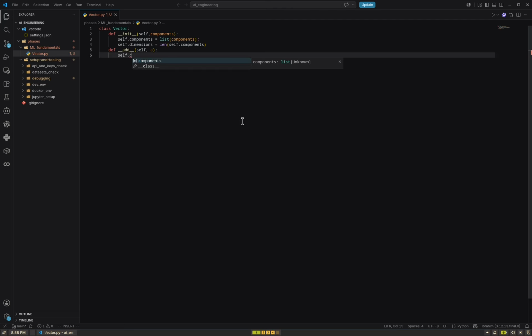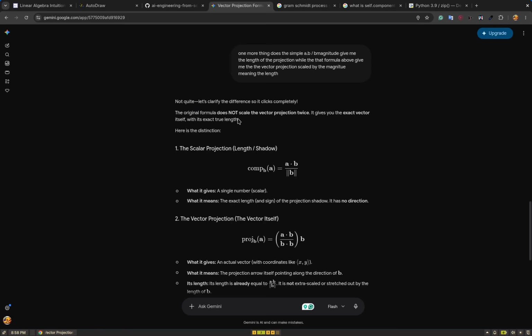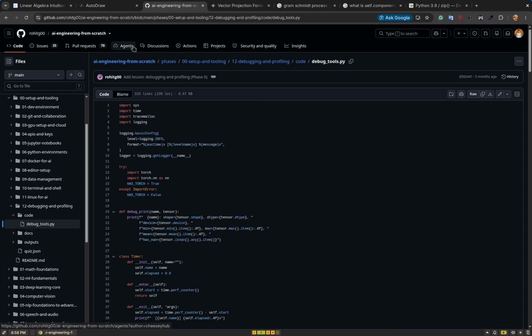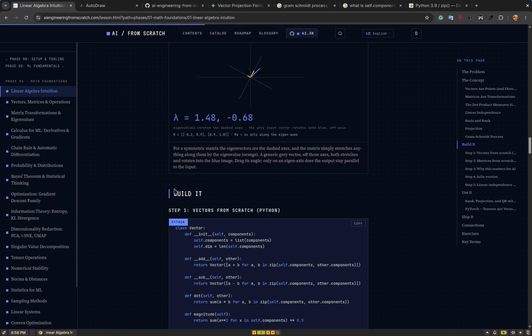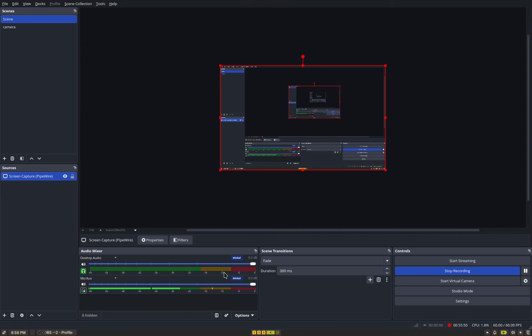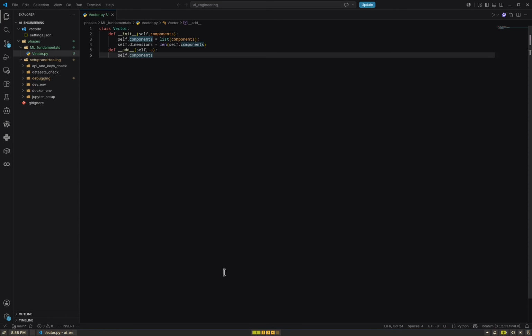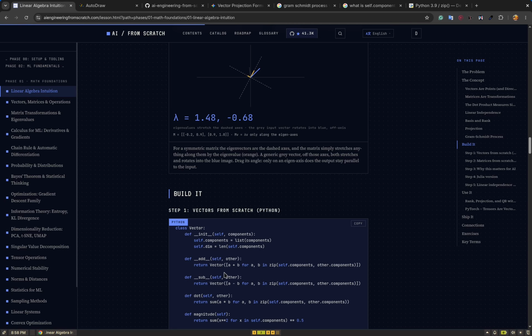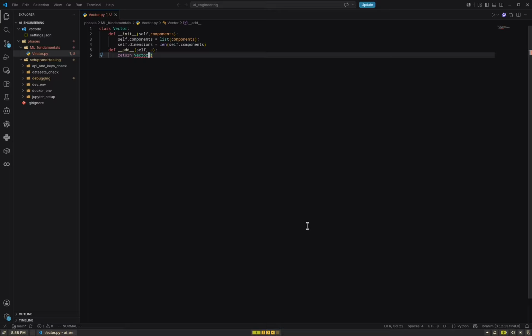So self dot components. I don't have that much Python experience. It returns a new vector where the dimensions are the same, A plus B for A, B in zip self dot components and other dot components. So it takes the other.